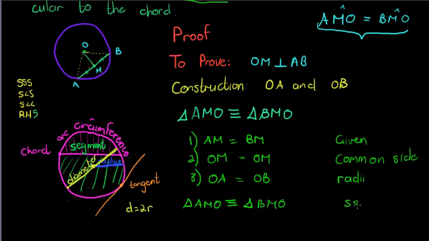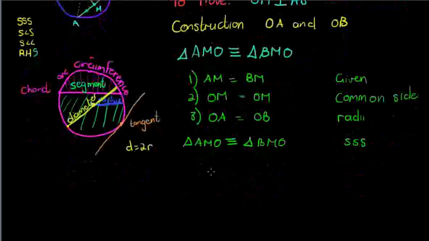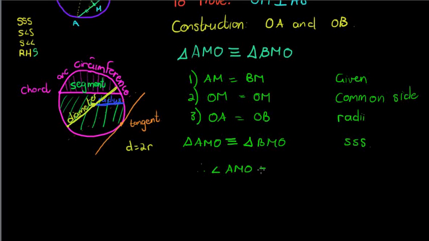So now we have, therefore, triangle AMO is congruent to triangle BMO. And the reason is we have three sides equal. And now we can therefore say, angle AMO is equal to angle BMO. You can write angle like this or with a little hat on the M. Both are acceptable.